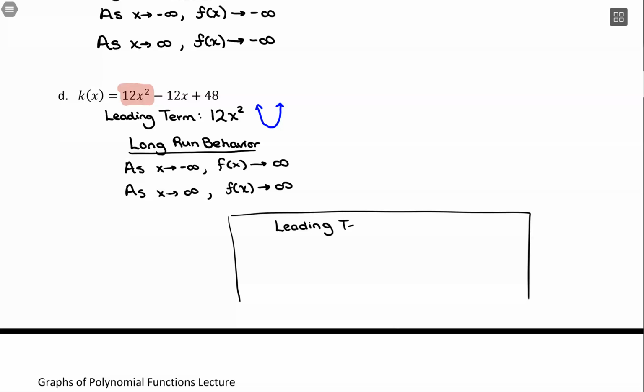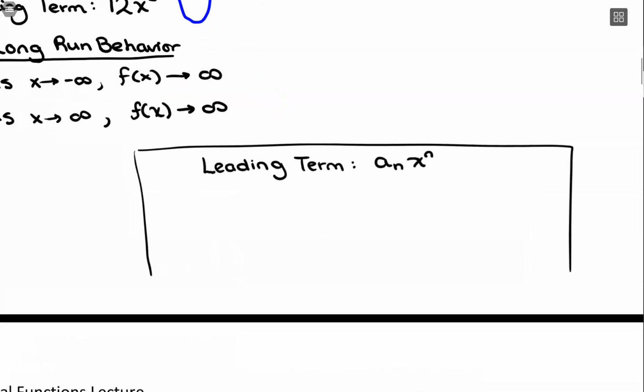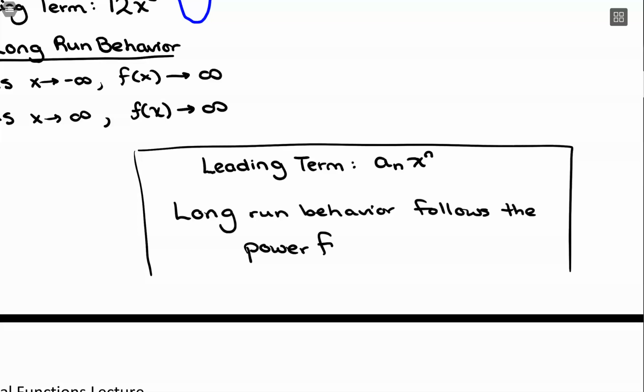So find that leading term, which is an x to the power of n, and the long run behavior follows the power function, an x^n. So even though we have other terms adding and subtracting onto it, those terms are determining the short run behavior. It's going to just be this leading term that we focus on for the long run behavior.